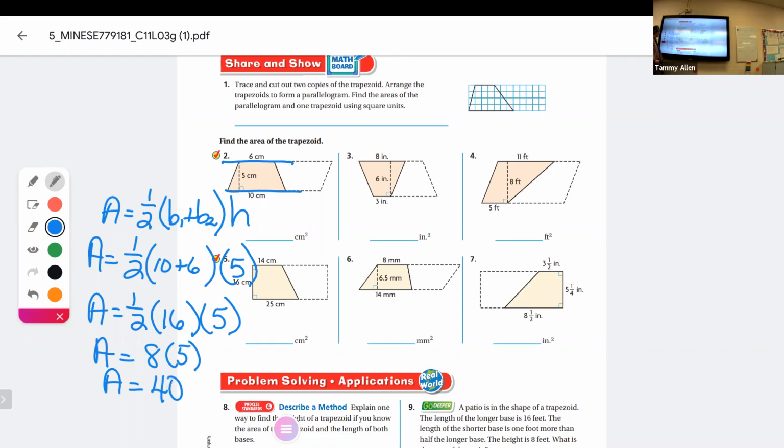What's my label going to be? Square centimeters. Okay, Louis. Does it make sense? Okay. Let's jump down to number 6. Number 6.